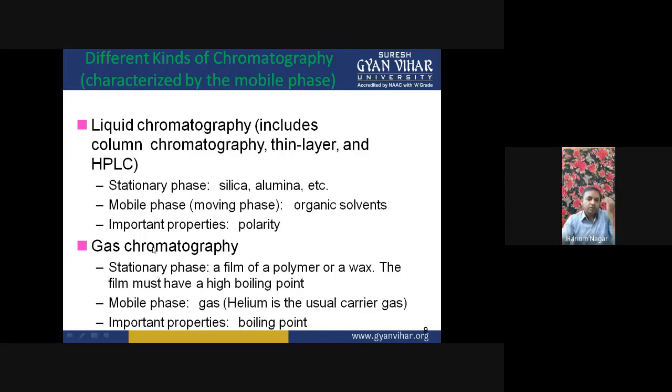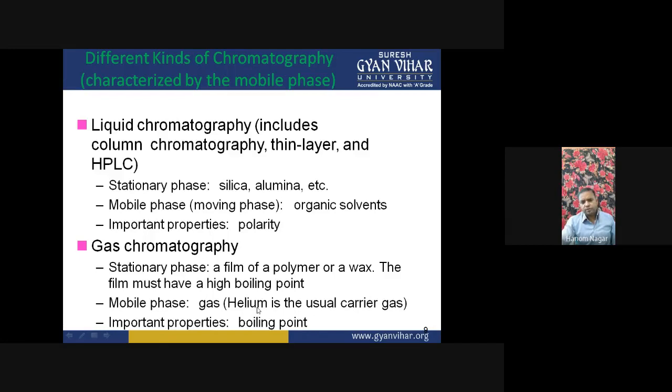Now, second is gas chromatography. Here, the stationary phase is a film of a polymer or a wax, and this film must have a high boiling point. The mobile phase used here is a gas, and helium is the usual carrier gas.